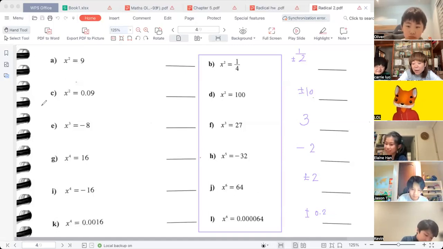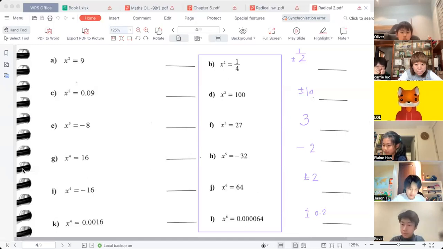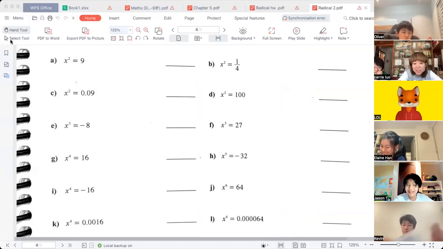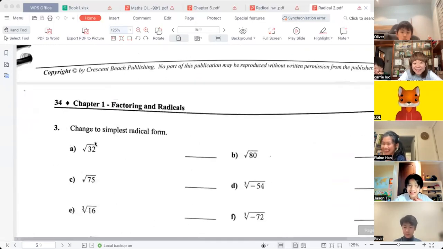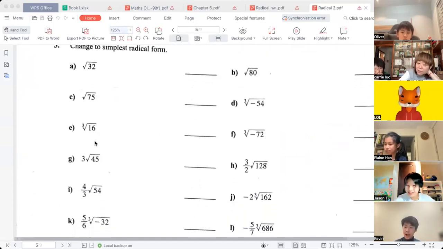Jason, let me ask you, why is it negative and positive? 刚刚跟你们讲过。 Wait, how is it 0.2? How's it not? Wait, never mind. Jason 拿出了计算器，我跟你说。Okay, so everybody change to the simplest radical form.